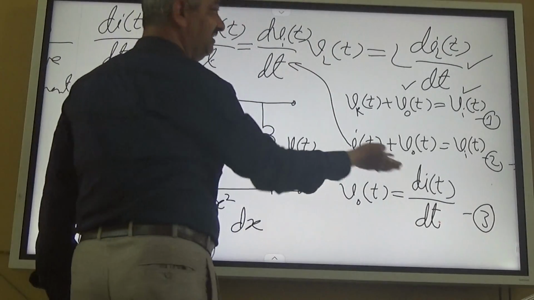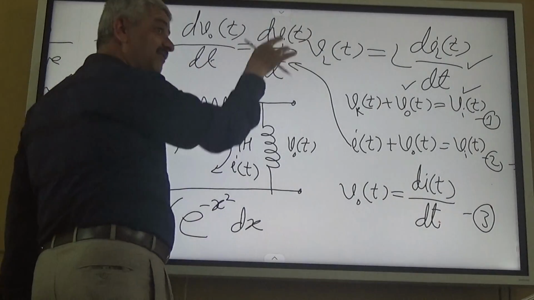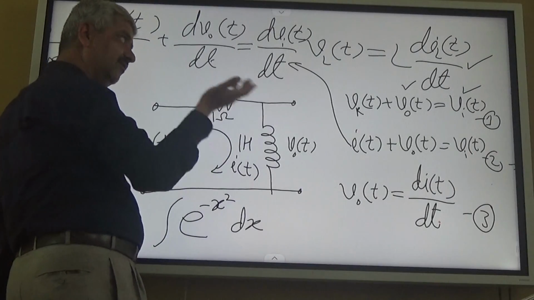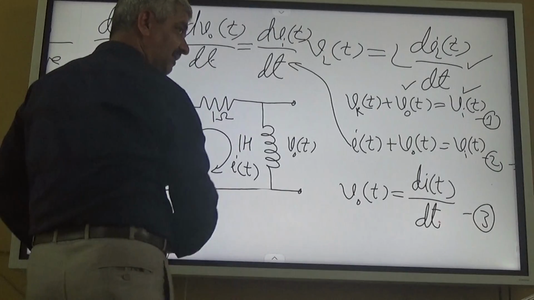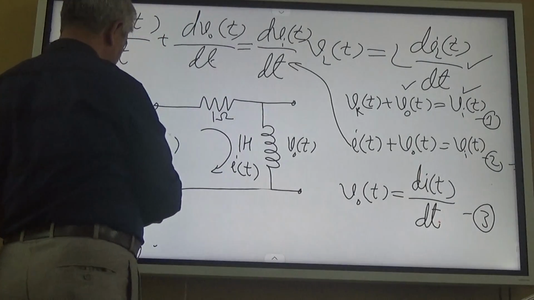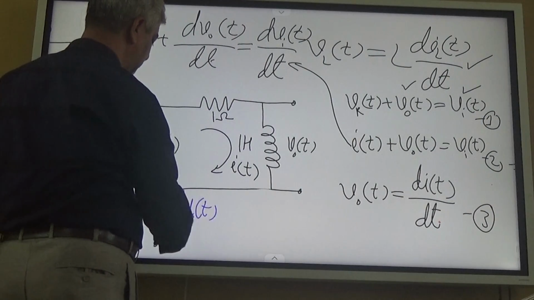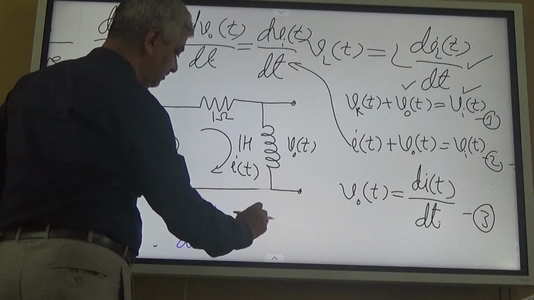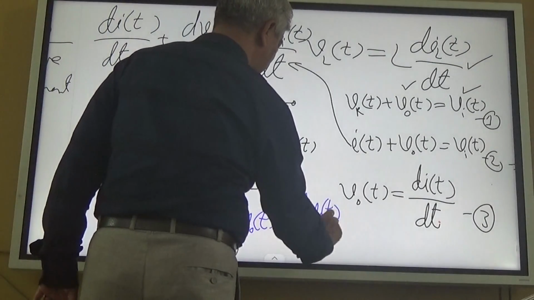What is dit by dt? VOT. So VOT plus dVOT by dt equal to dVIN by dt. And as per our convention, we write this first and this next. So the final answer is VOT plus dVOT by dt is equal to dVIN by dt.